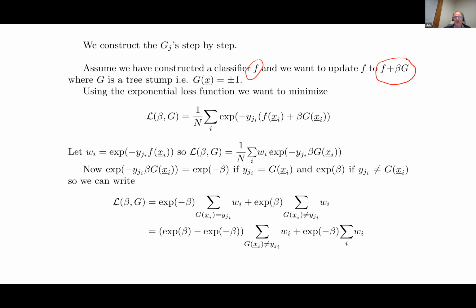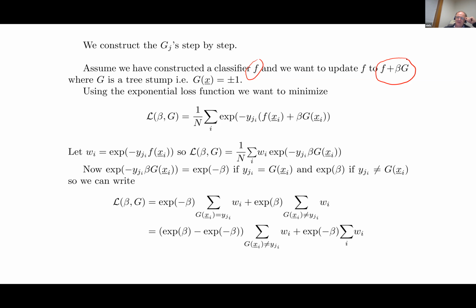So for a tree stump, the actual value is plus or minus 1, because it's just dividing the space in 2. So it sends some x's to plus 1 and some x's to minus 1. So it's just going to have 2 values.